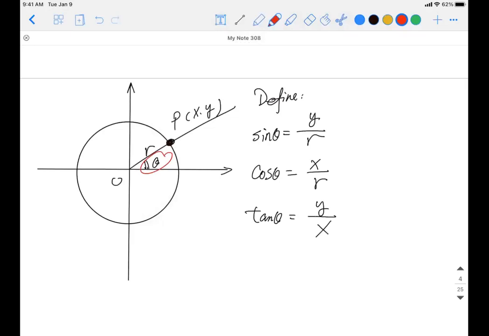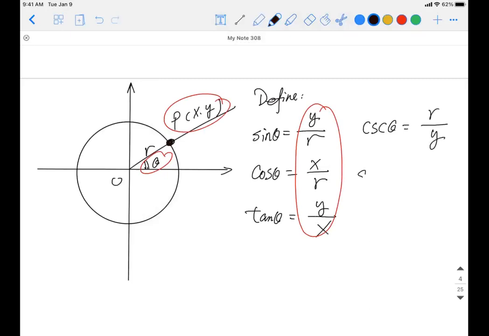But using our definition from the unit circle, as long as you stop, you have a coordinate for P. So the same thing: cosecant theta equals the reciprocal, r over y. Secant theta, reciprocal, r over x. Cotangent theta, reciprocal, x over y. Right? I think this is very understandable.